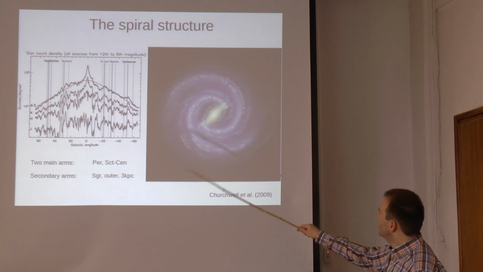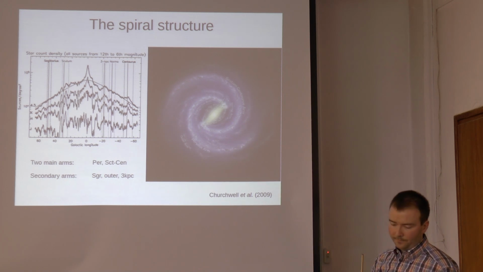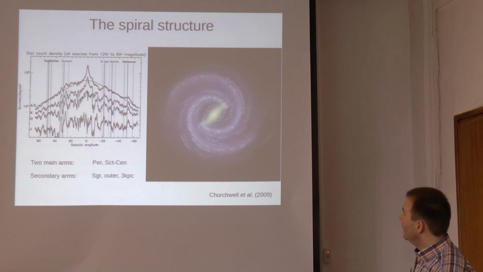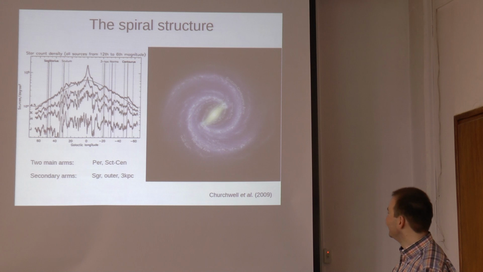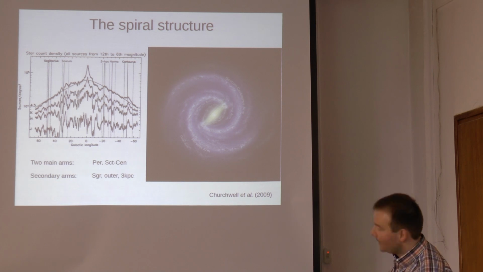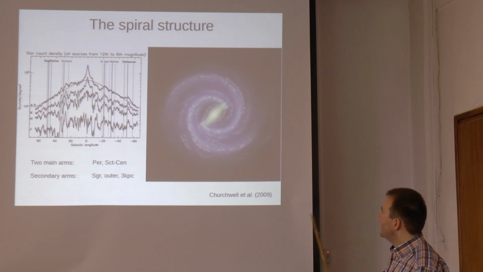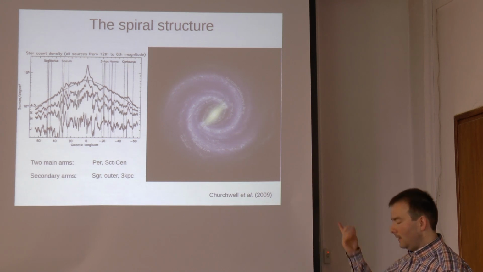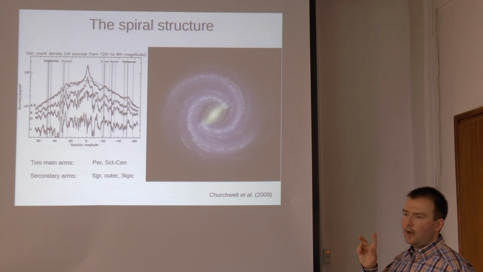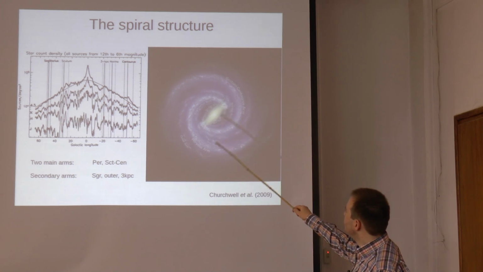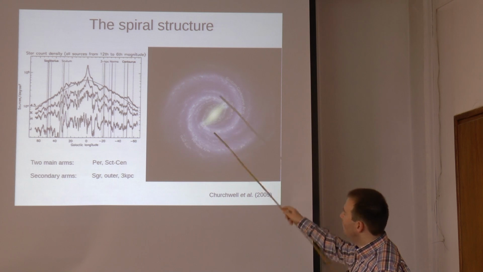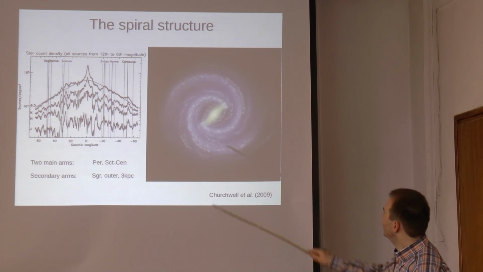This artist's impression is based on true observations, of course. The authors found that very likely there are two main spiral arms in our galaxy, starting from the edge of the bar.